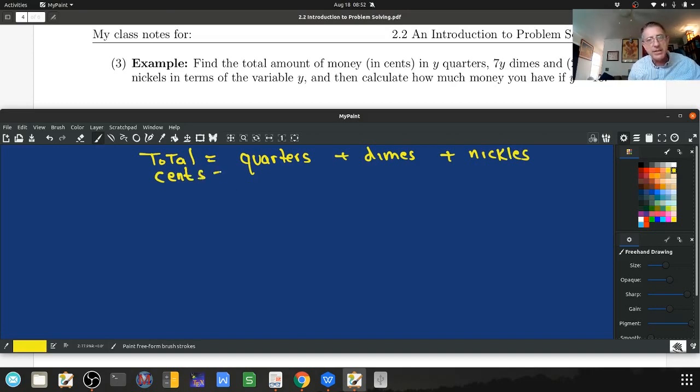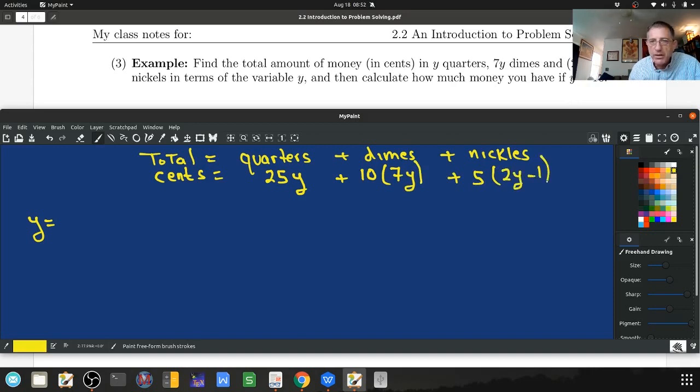And how many cents is equal to a quarter? It's 25 times my quarter value. And what is the value of my quarter? It's Y. So it's 25 times Y plus 10 times how many dimes I have, which is given as 7Y, and plus 5 times how many nickels I have, 2Y minus 1.